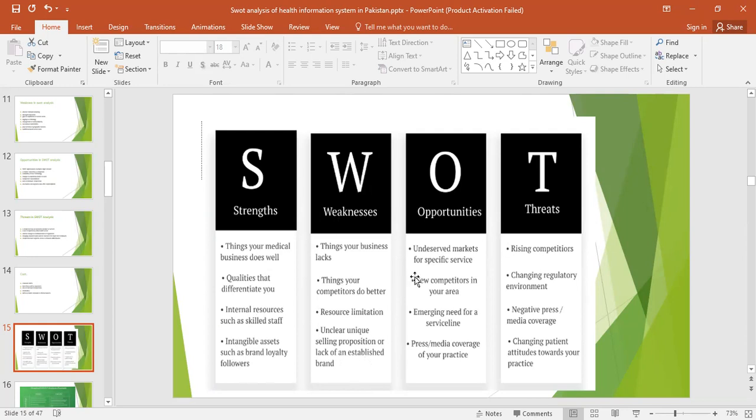In the opportunities: underserved markets for specific services, few competitors in your area, emerging need for a service line, press and media coverage of your practice. And the threats are rising competitors, a changing regulatory environment, negative press or media coverage, and changing patient attitude towards your practice.